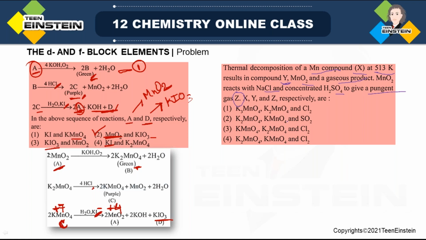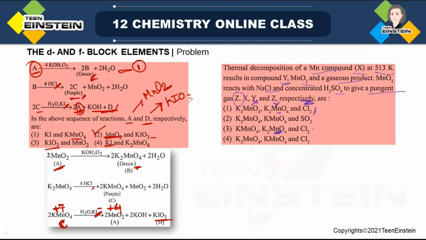Now for Z, here we have basically two possibilities. Z is basically this last compound. The first compound is X, the second one is Y. So X may be K3MnO4, K2MnO4, KMnO4 or K2MnO4 again. Y may be K2MnO4 two times or it may be KMnO4.